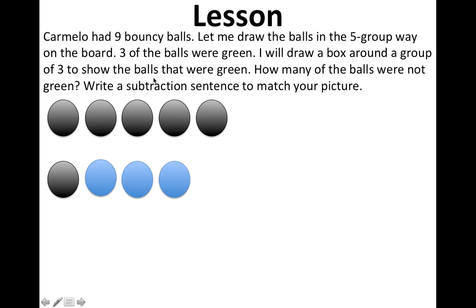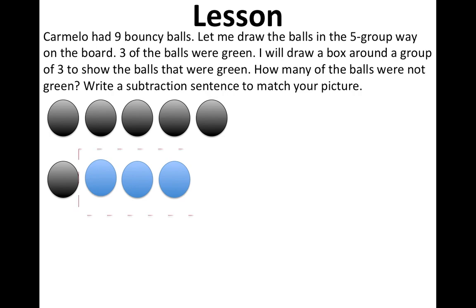And 3 of his balls were green. I didn't have green, so I just chose blue. Now I will draw a box around the group of balls that shows that they are not the same color as the other ones.